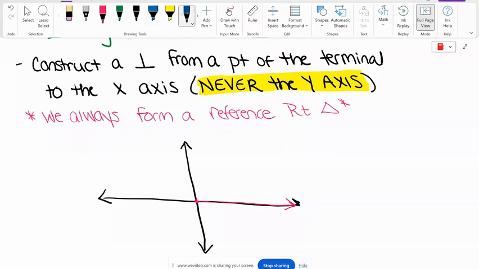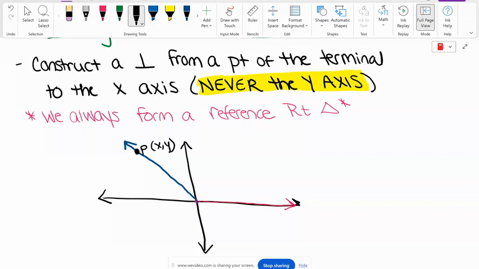Let's say the terminal side is over here. We never work with obtuse angles. So what we're going to do is go to a point on the terminal side. Let's say this is point P, it's x comma y.